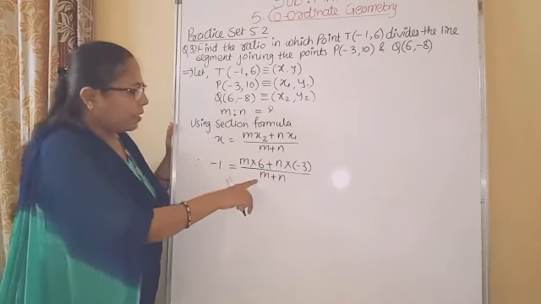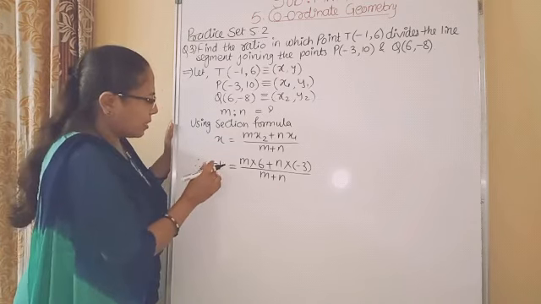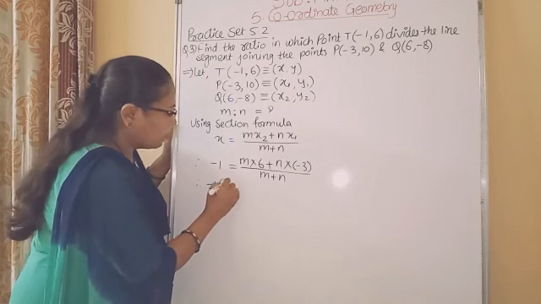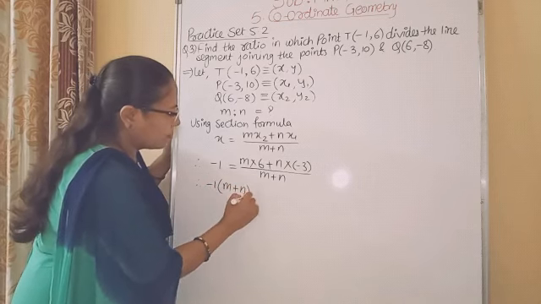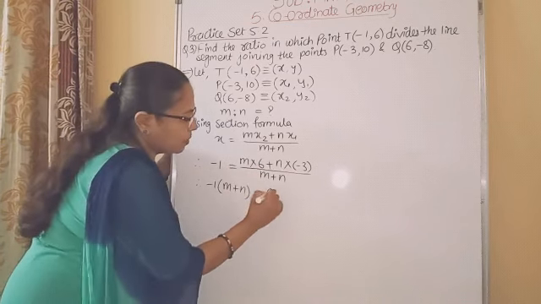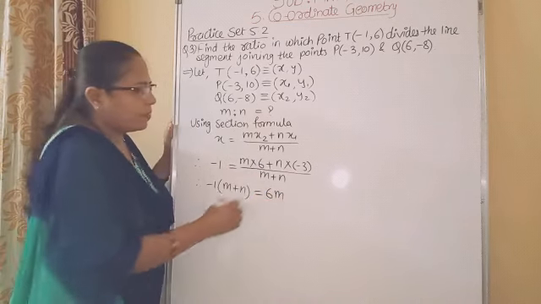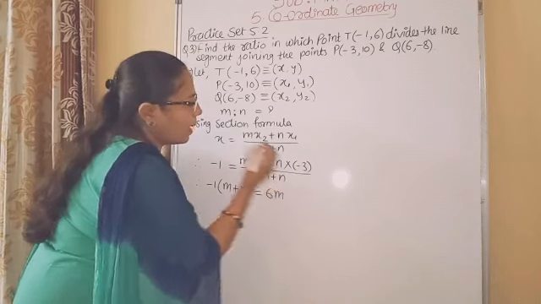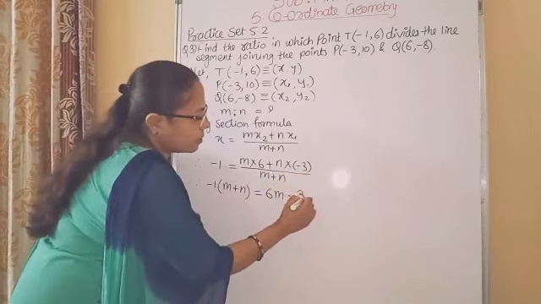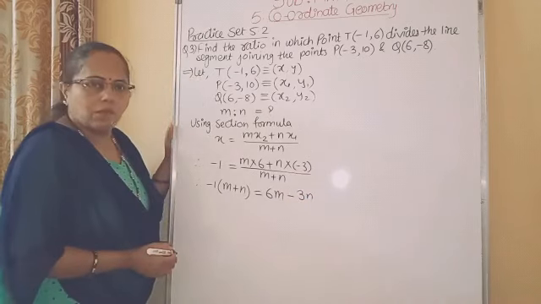Follow this step. Now we will do cross multiplication here. Therefore, -1 into (m + n) equal to m into 6 is 6m, plus into minus is minus, and n into 3 is 3n. Followed?